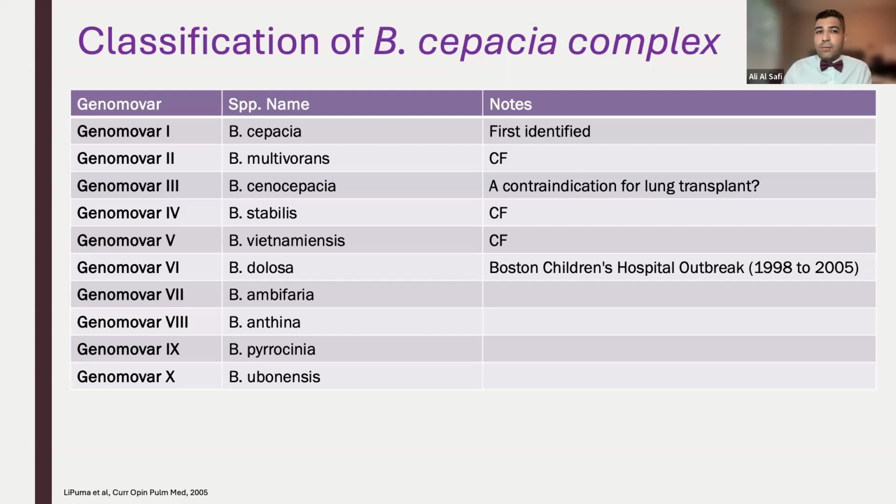Cenocepacia is the worst one because a lot of centers in the United States consider that a contraindication for lung transplant, but not the other ones. And dolosa caused an outbreak from 1998 to 2005 in Boston Children's Hospital in cystic fibrosis patients.